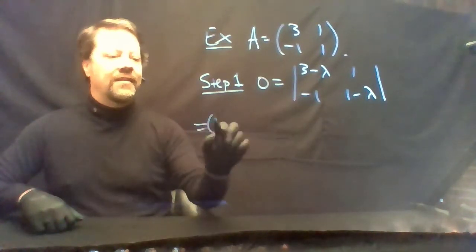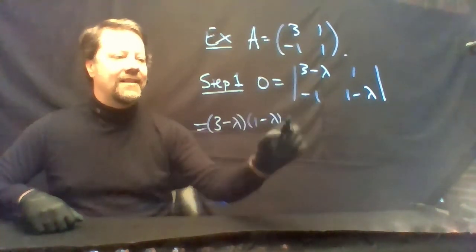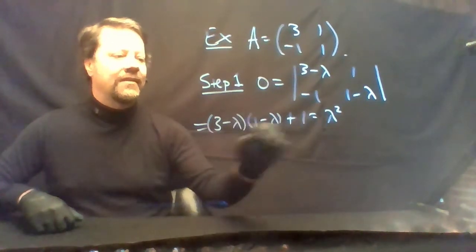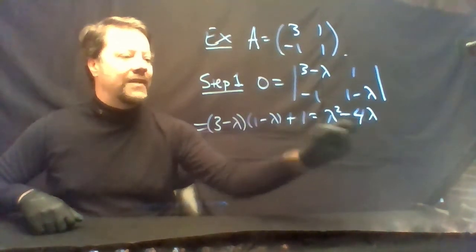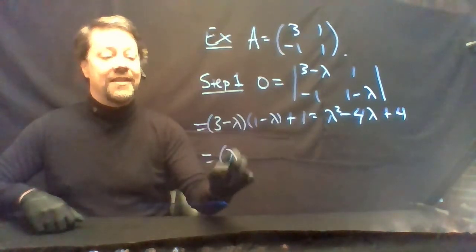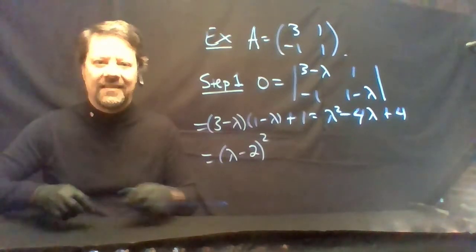That gives us (3 minus lambda)(1 minus lambda) minus a negative 1. We'll get lambda squared minus 4 lambda plus 3, plus 1 is plus 4, and that obviously factors as (lambda minus 2) quantity squared.